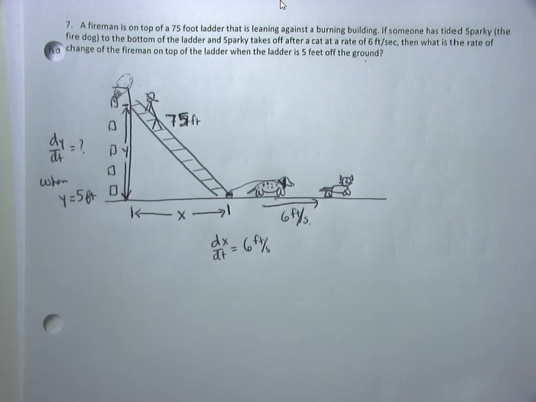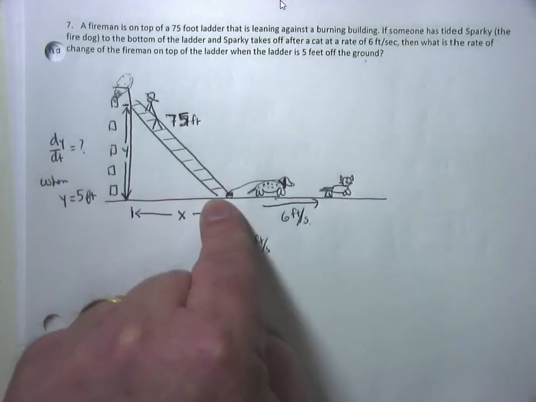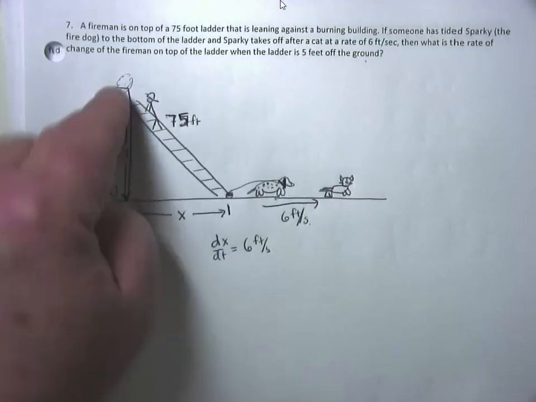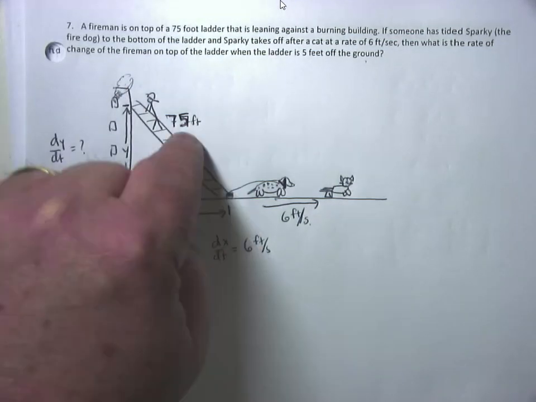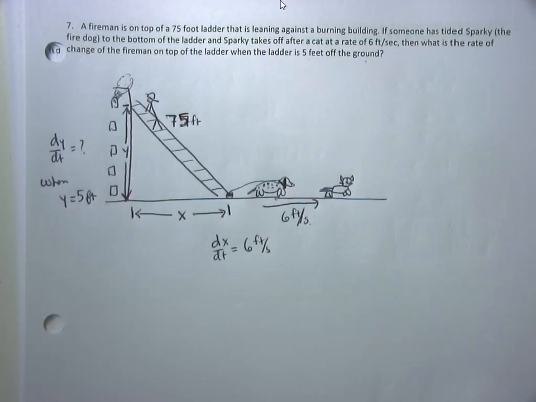I see a right triangle. But be careful on right triangles. There's different kinds of right triangles in what you need here. I see a right triangle where I know, or at least have labeled, every aspect of that right triangle. The base, the height, including the hypotenuse, which is 75. That was fixed. So I know something about all the sides of a right triangle.